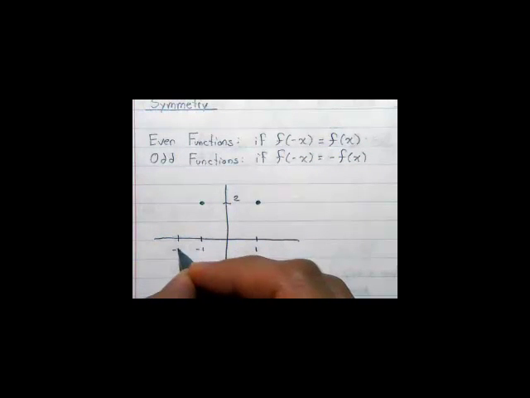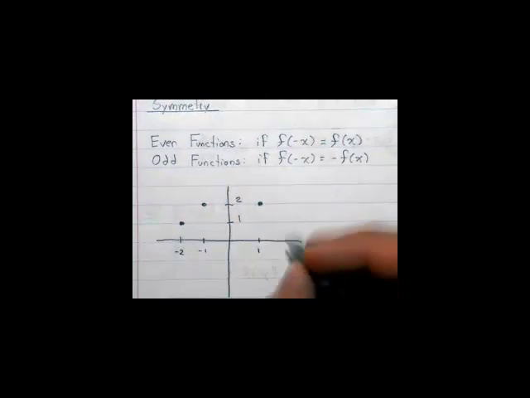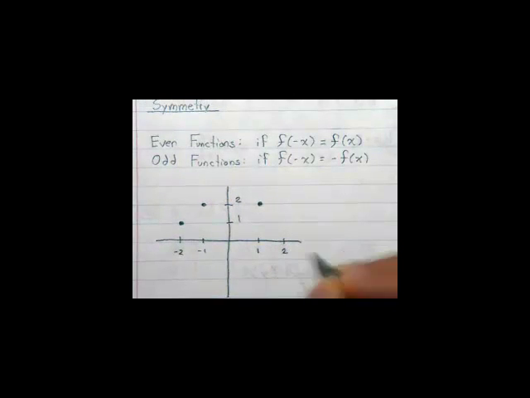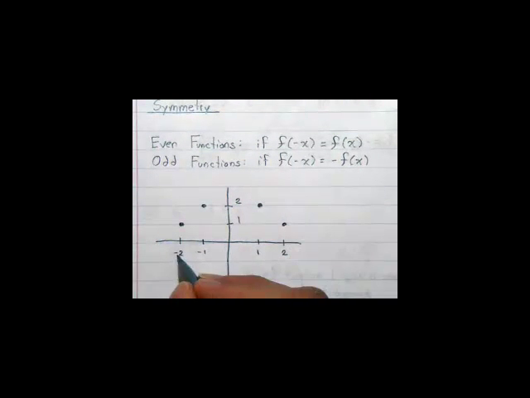Say at negative 2, my function is at 1. So what has to be true about f of 2 then? What's the value? 1. Yeah, it's got to match the other one, right? f of negative 2 equals f of 2.